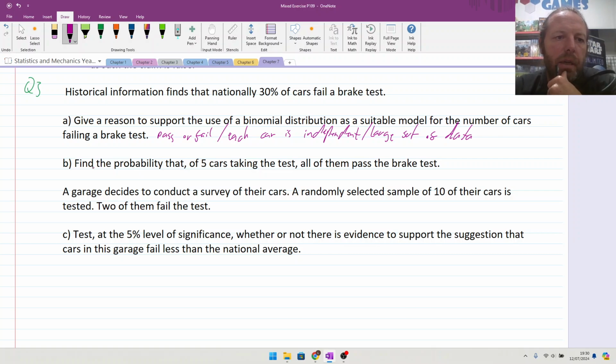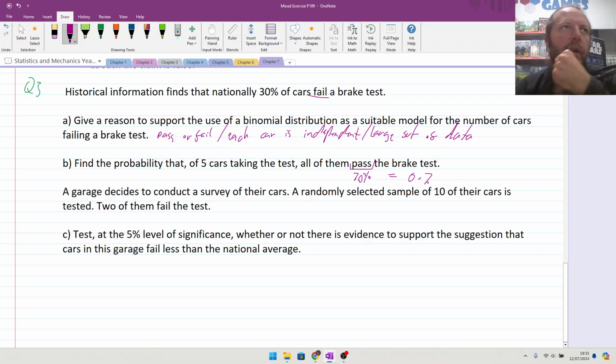B. Find the probability that of the cars taking the test, all of them pass the brake test. Now we've got information about failing a test. So if we are failing the test at 30%, to pass it we must be on 70%, which is equal to 0.7.